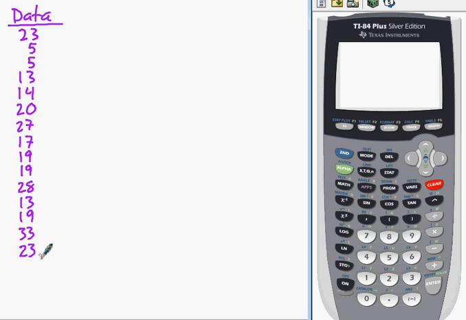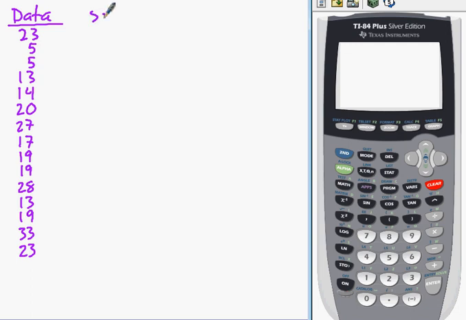So the first thing to do is we want to find where is the middle of this data set, and we want to get a sense of how things are distributed even before we try to measure that sense of distribution. I'm going to do a few things to help myself.